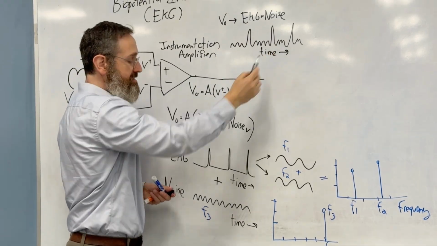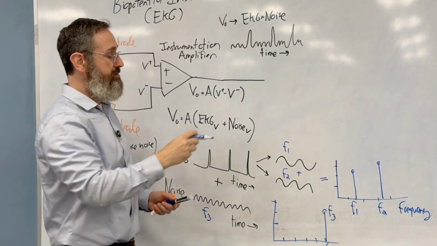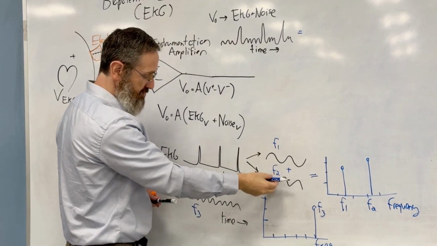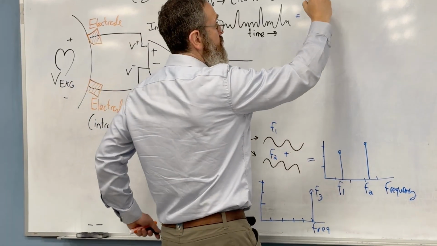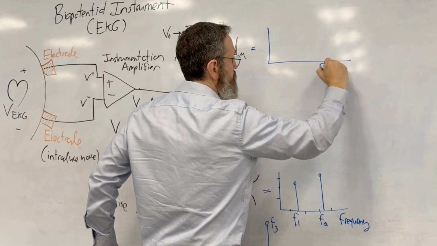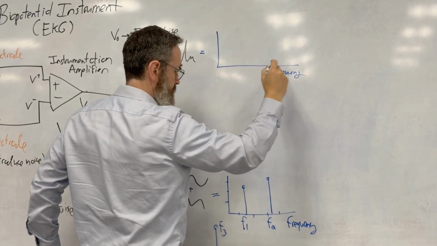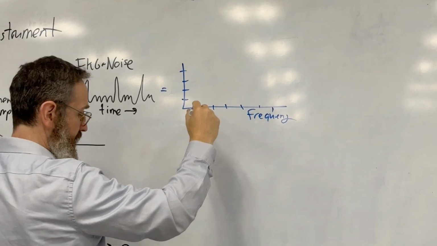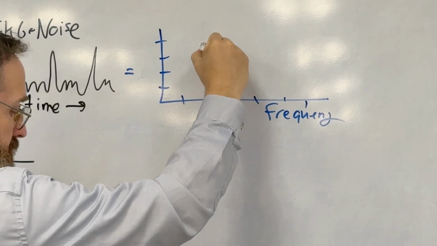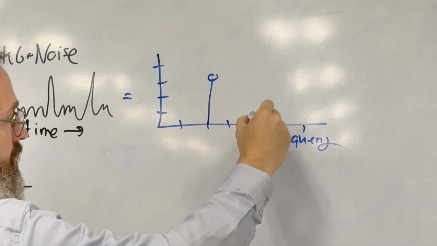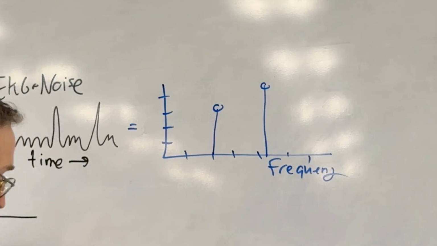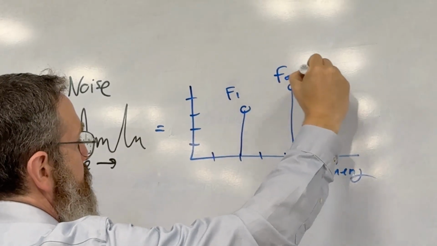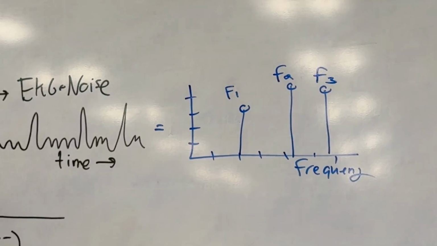In the frequency domain, this is equivalent to these two sinusoids plus this sinusoid. So we would have an F1, an F2, and here's our F3.